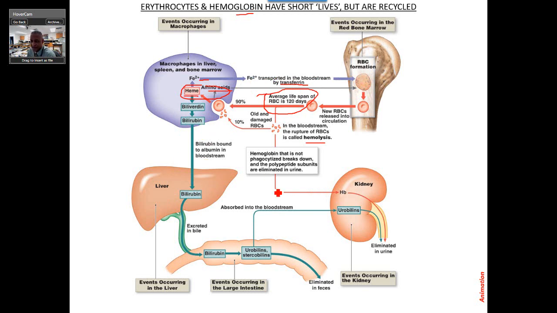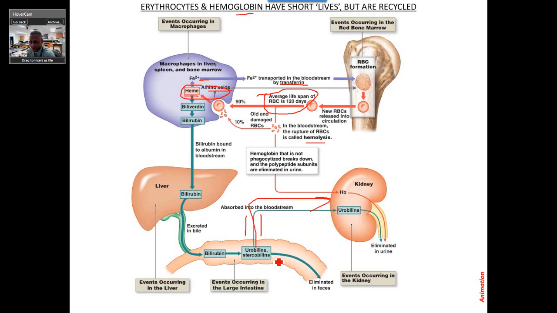Now, watch what happens to the excess. Here's the liver. It goes through the bile duct into the small intestine, and then to the large intestine. Imagine some blood vessels that go from the large and small intestines to the kidney.